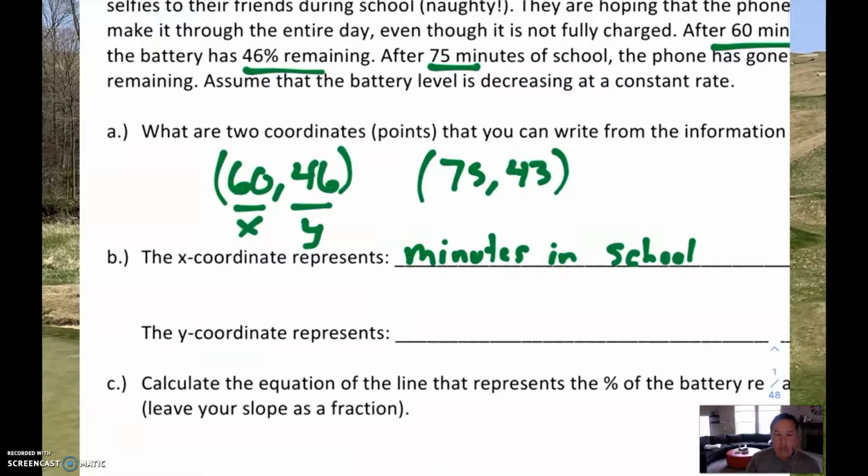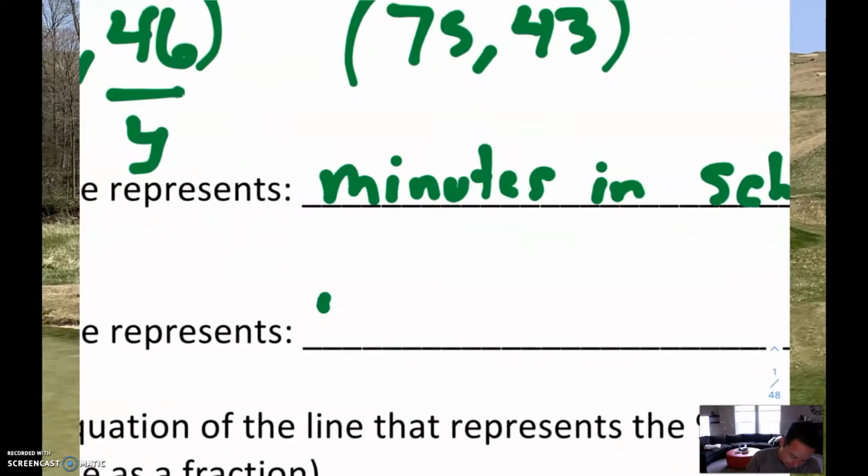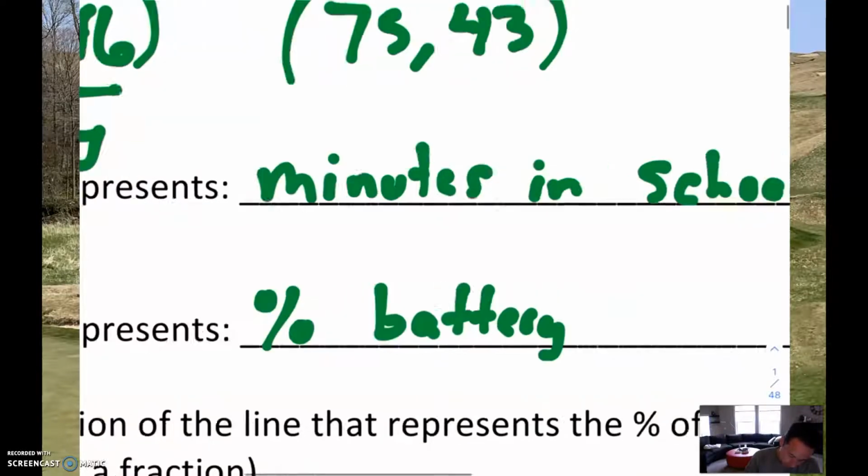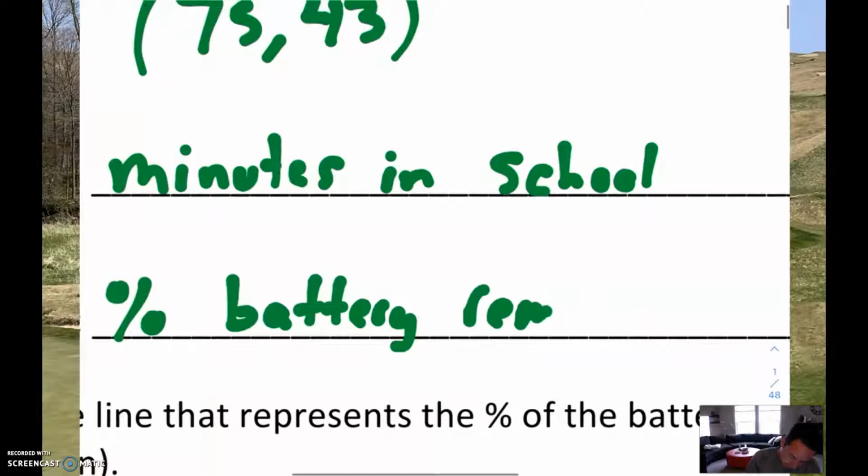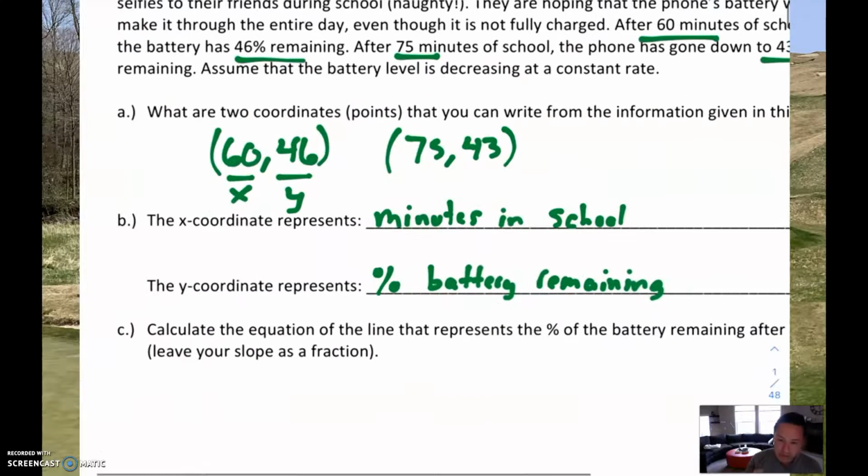And then if we look at the y coordinate, the 46 and the 43, that just represents the percent battery remaining. So I'm going to put the y represents the percent of battery remaining. So very important to understand what x represents and what y represents.